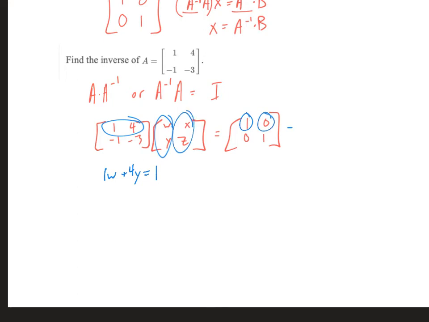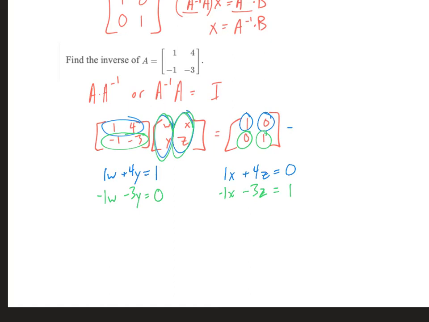So I'll write that over here. 1 times X plus 4 times Z equals 0. Now I've got the second row times the first column, negative 1 times W minus 3 times Y equals 0. And the second row times the second column, negative 1 times X minus 3 times Z equals 1.